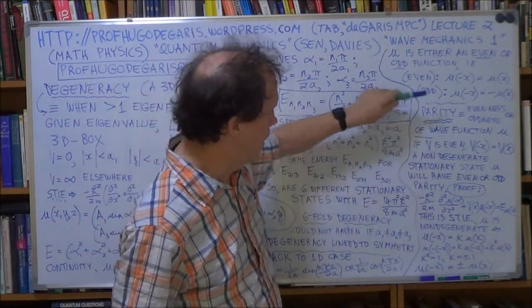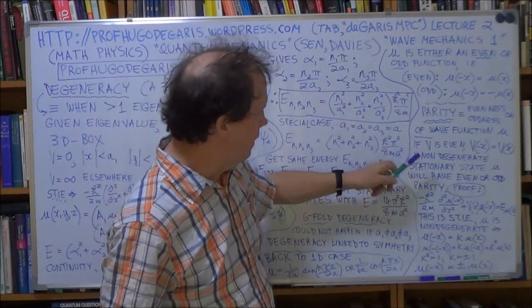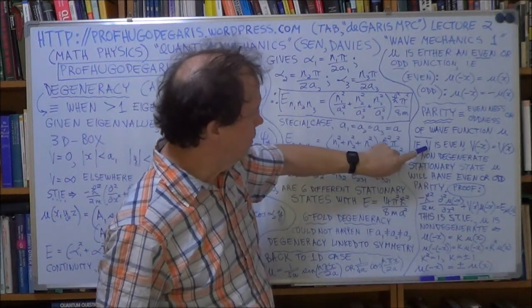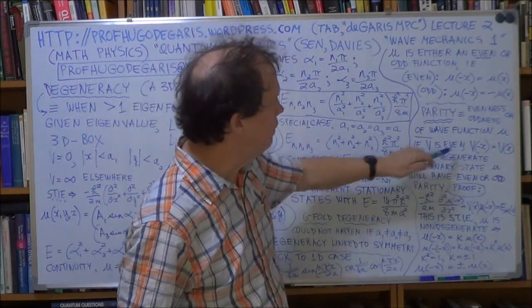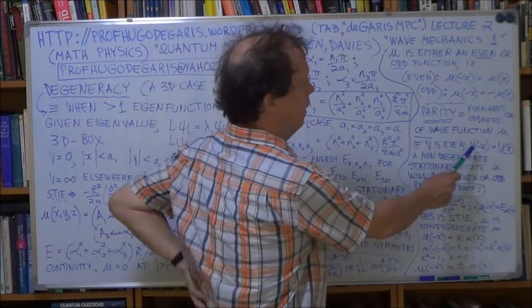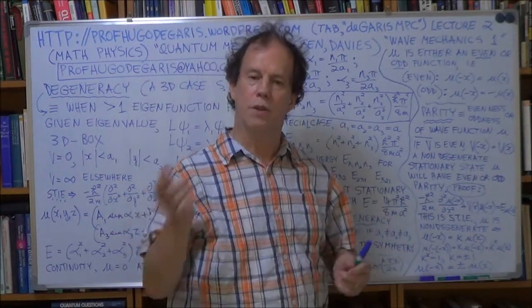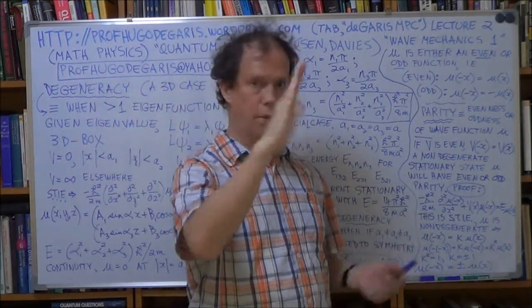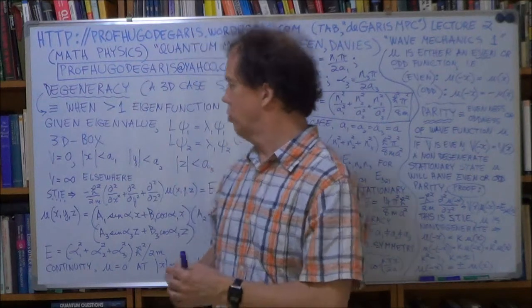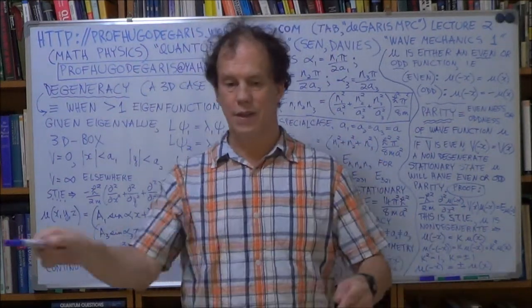So let's talk about the notion of parity, and let's assume also that the potential V is even. It's an even function. Okay, so by definition, V of minus x is V of x. In other words, your potential is symmetric about the x-axis. Now that was true in the one-dimensional case, right?